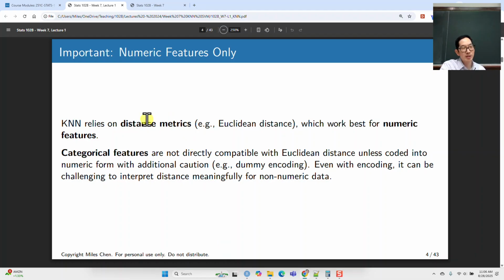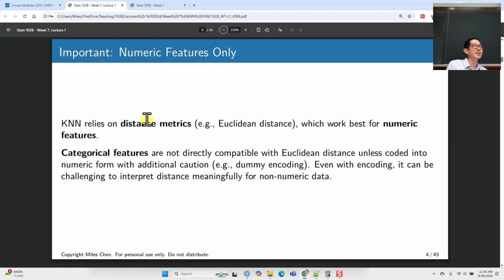It's easy to measure distance when you're on the number line, right? The distance from 7 to 12, that's a 5-unit distance. From 10 to 25, that's a 15-unit difference. If you have categorical features, what's the difference? What's the distance between red and yellow?